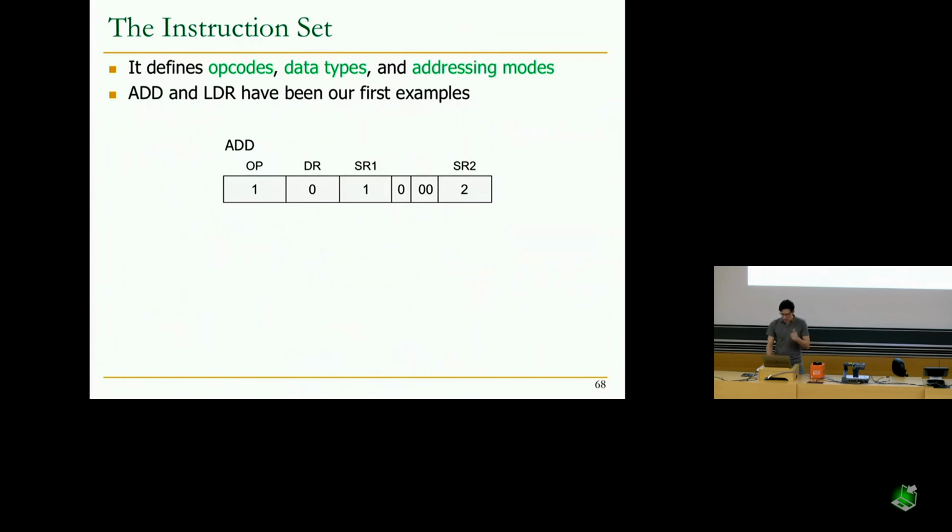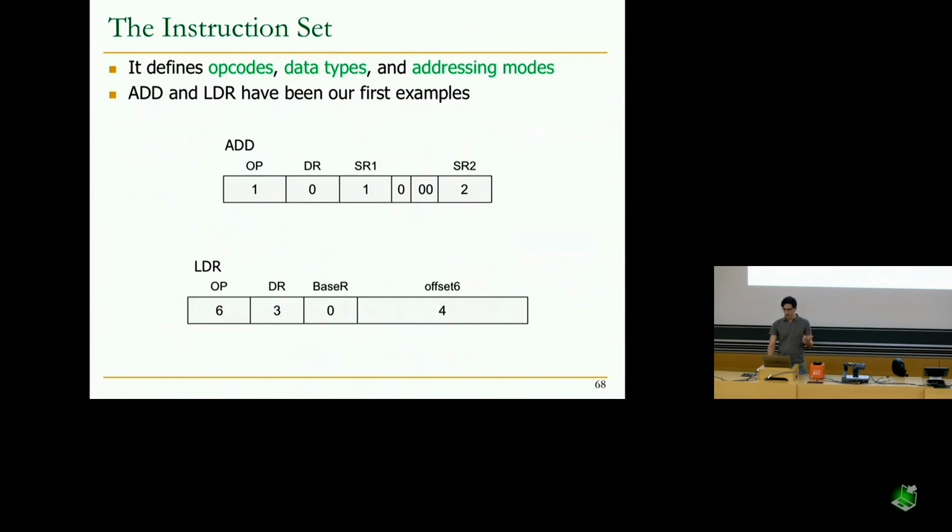So the instruction set, as I said, defines opcodes, data types, and addressing modes. We have already seen our first examples, addition and LDR, in LC3 and also in MIPS.